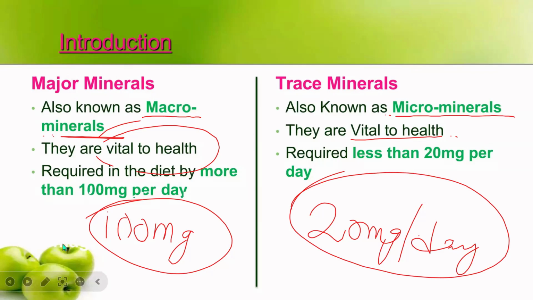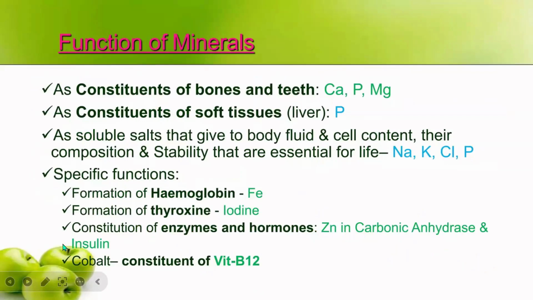So let's look at the functions of minerals. We have minerals that are found in some specific tissues. For example, in the bones and teeth, these are the three major elements that are found: calcium, phosphorus, and magnesium.